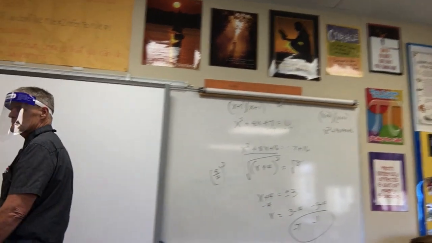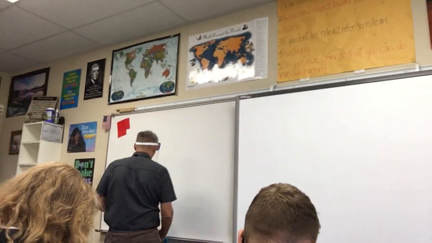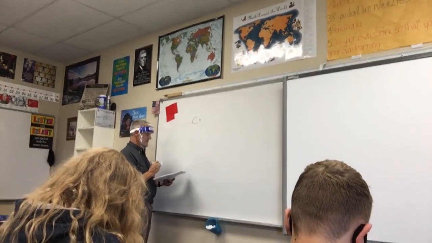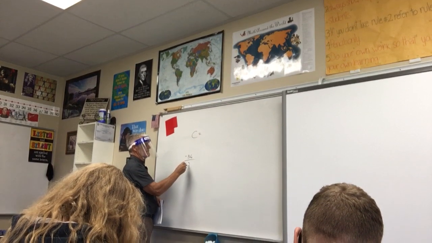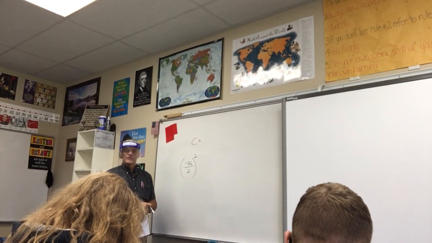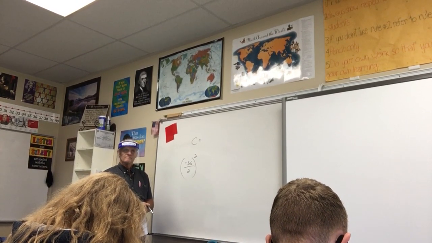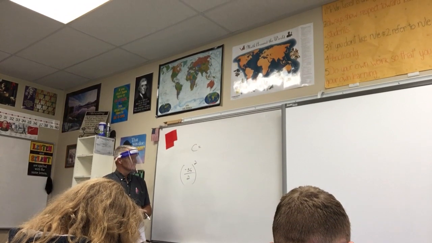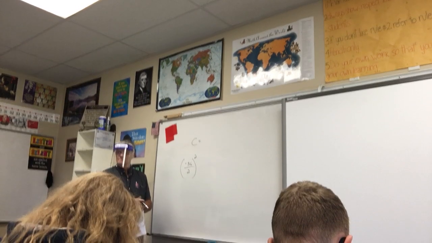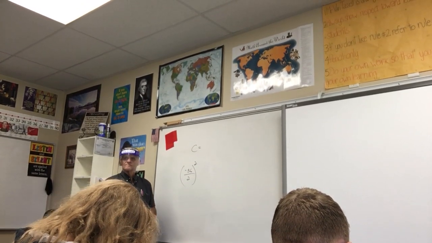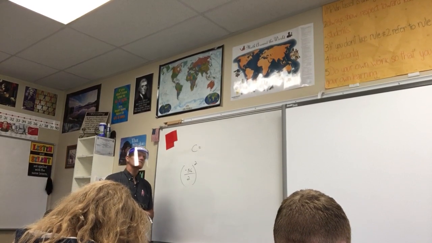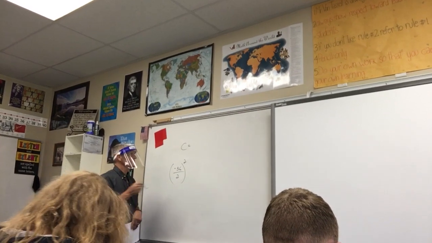Number one, all we're doing is finding C. So I'm going to go -36 divided by 2 and square it. -36 divided by 2 is -18, and that squared is 324.